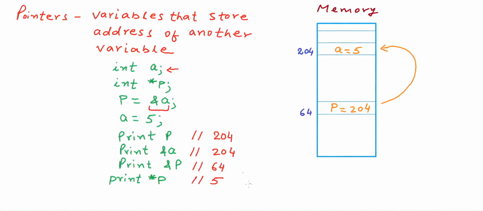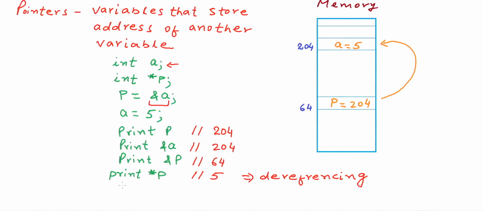This concept is called dereferencing because we have a reference, or we have stored an address in p, and we get the value at this particular address using this operator. In fact, we can modify the value at this location by saying something like star p is now 8.